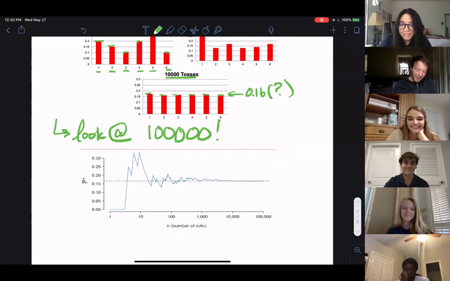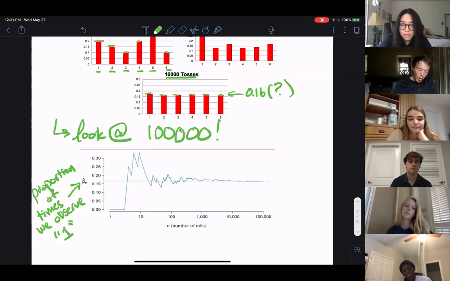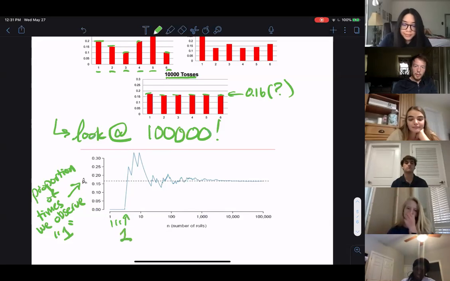So what you see here are the number of times we roll a six-sided die. So n is the number of rolls. And what you see here is the proportion of times we observe 1. Okay? So I rolled it a bunch of times. It looks like on the 5th roll, I rolled a 1, right? So every single time I roll, I update my proportion.